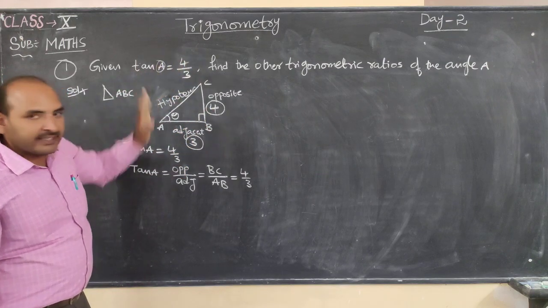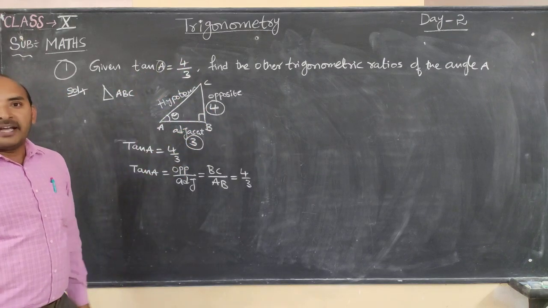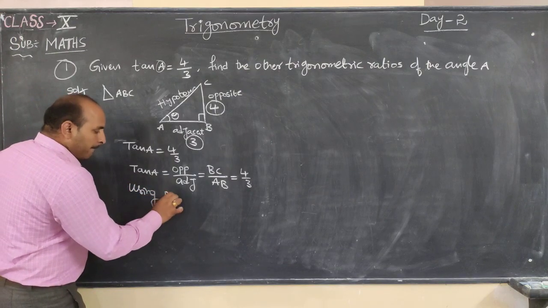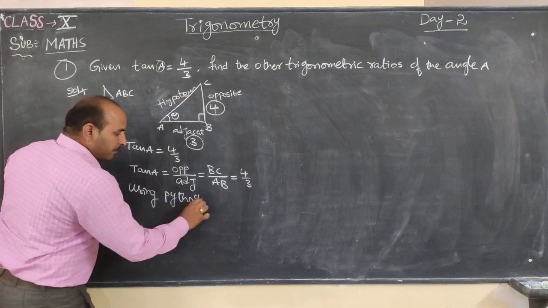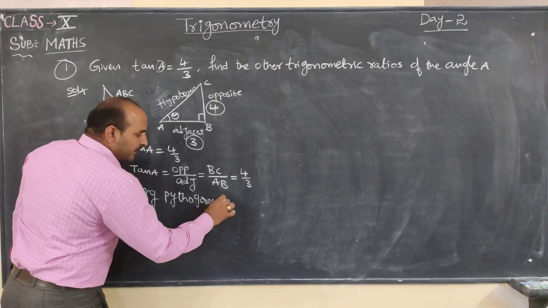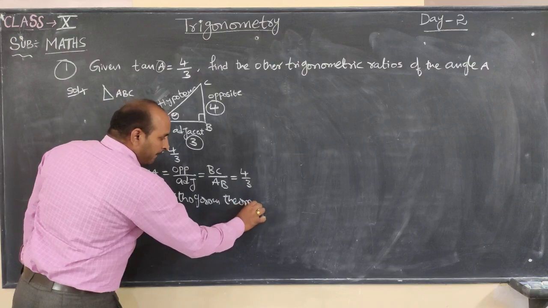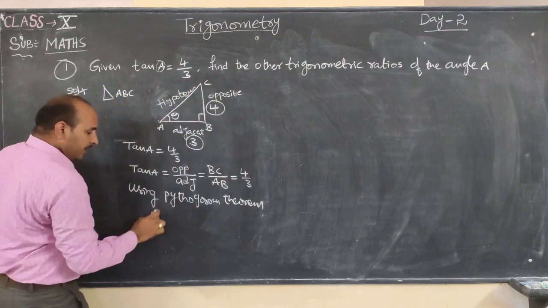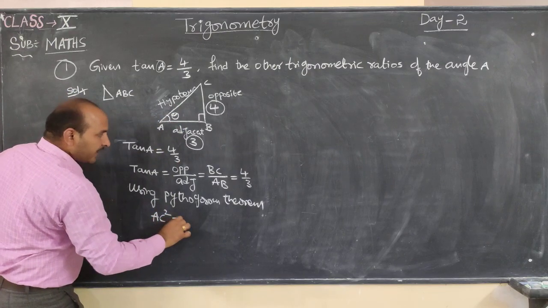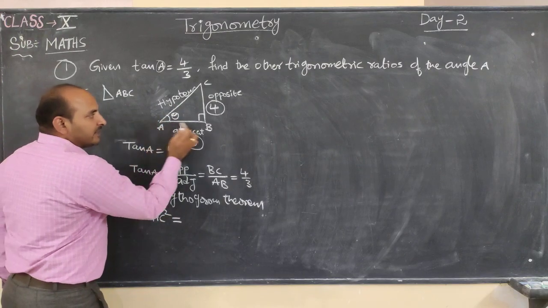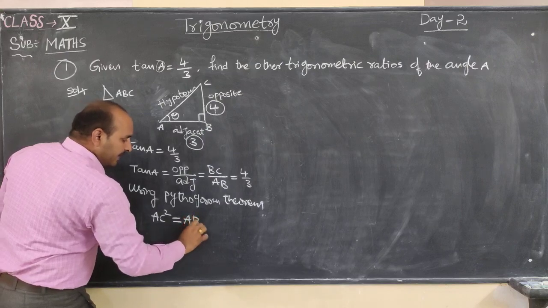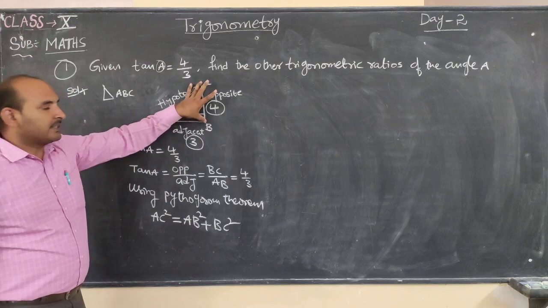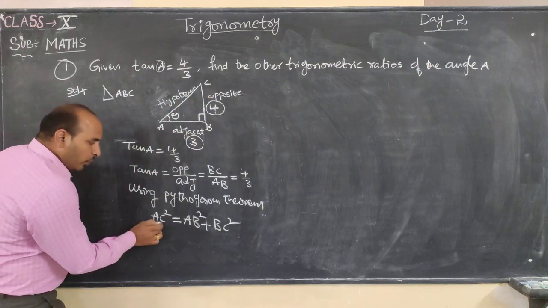What about the AC side? By using the Pythagoras theorem formula, hypotenuse square AC square is equal to the sum of the squares of the other two sides, AB square plus BC square. We don't know AC square.